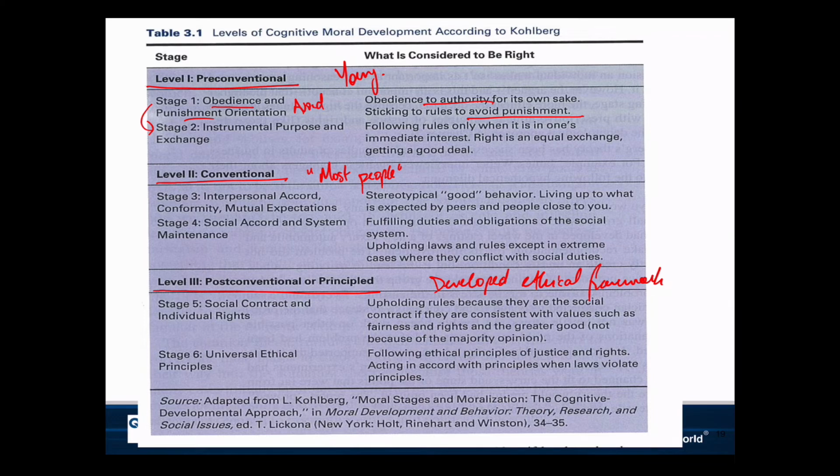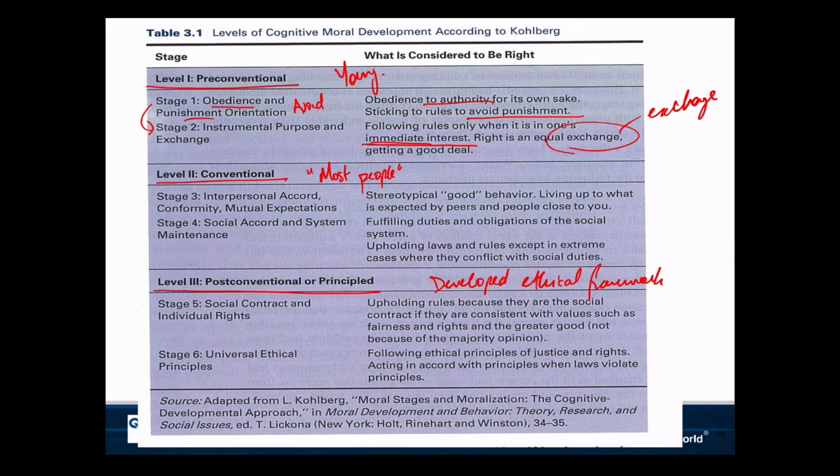So they start following rules because it's in their immediate interest. They're going to get something, right? Exchange. I'm going to be good so that I get something. So that's beyond avoiding punishment, because you've got to be a bit forward thinking to see that exchange. But it's still just about me and an exchange.